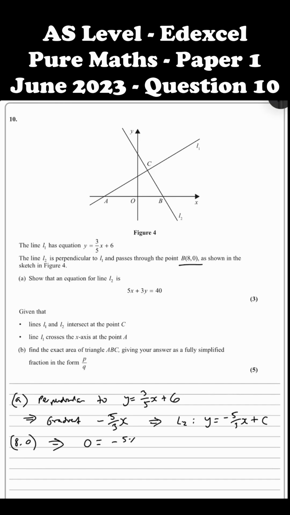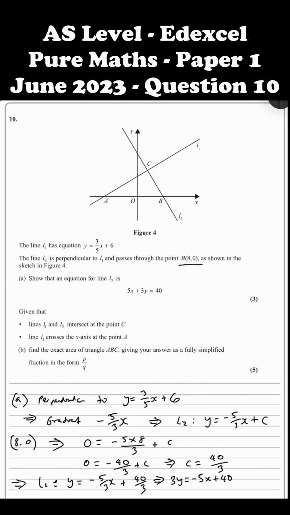We're going to have minus 5 times 8 over 3 plus c. So 0 equals minus 40 over 3 plus c. Therefore, c equals 40 over 3. Therefore, L2 is y equals minus 5 over 3 x plus 40 over 3. If we times it all through by 3, we get 3y equals minus 5x plus 40, or 5x plus 3y equals 40, as required.